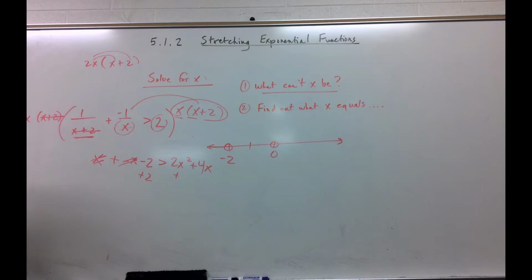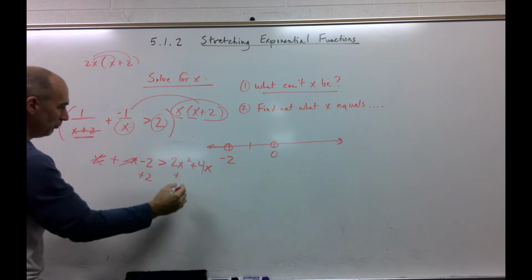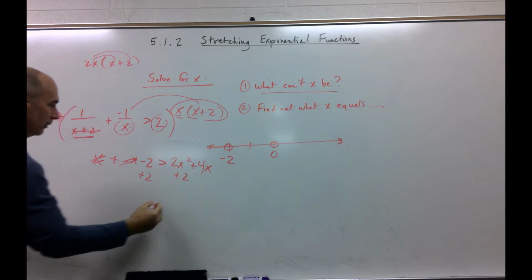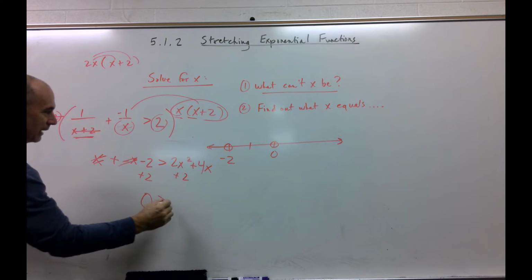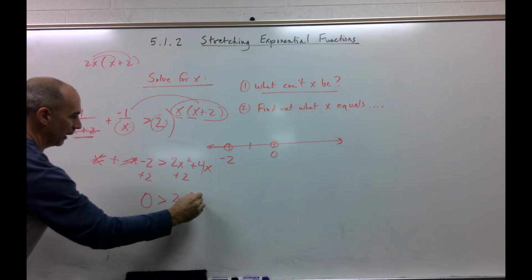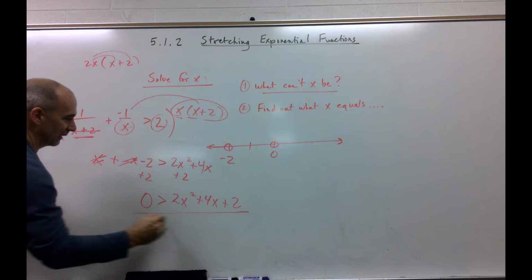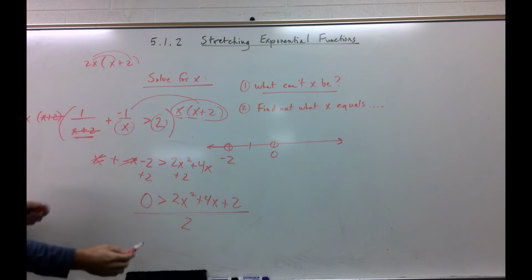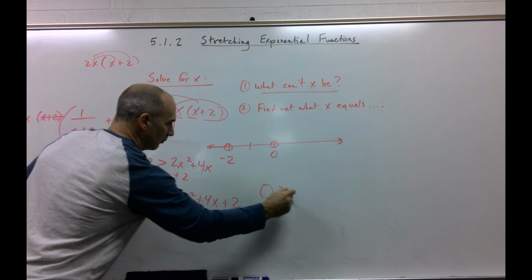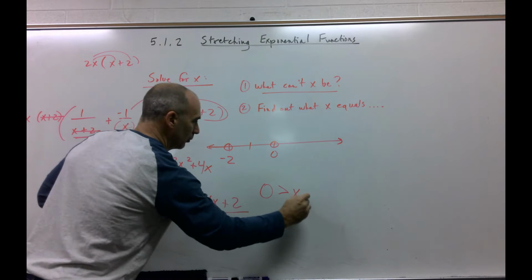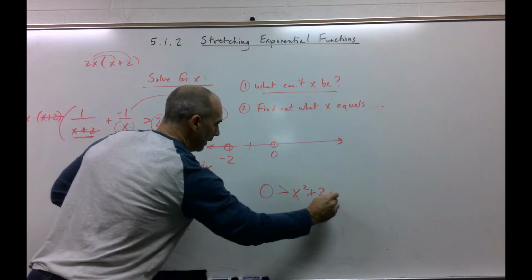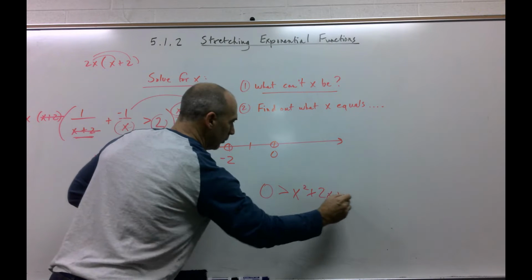Almost made a mistake there. All right. So add 2. So I get 0 is greater than 2x squared plus 4x plus 2. Notice I can divide all this by 2, so I should. So I get 0 is greater than x squared plus 2x plus 1.